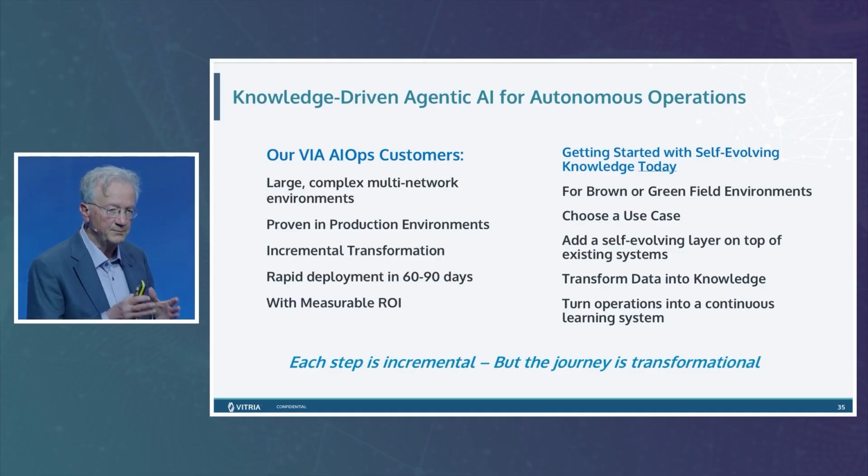Let's take a particular business, take a particular problem, okay? Let's define the minimum knowledge required to solve that problem. Let's scope a project that's 60 to 90 days, that has a real ROI, and then let's sprint to get that done. And then when you get that done, choose another one.